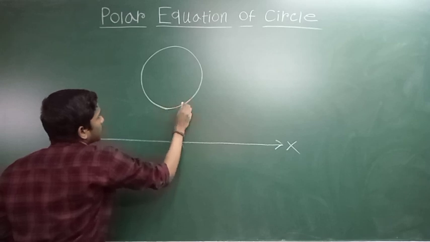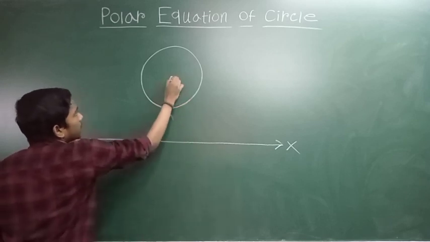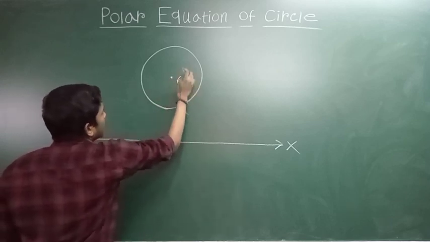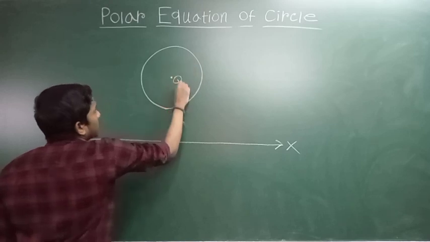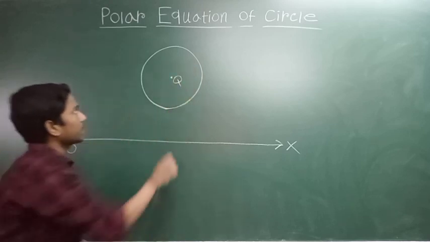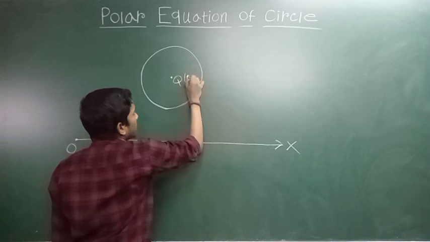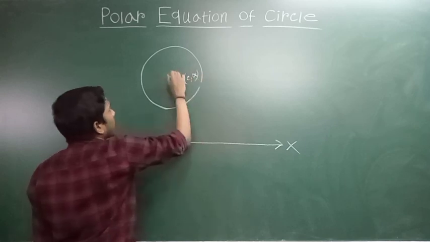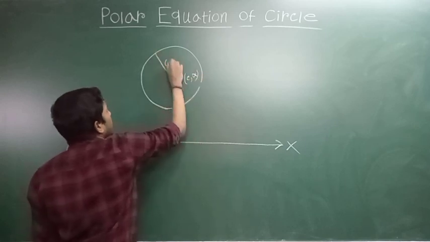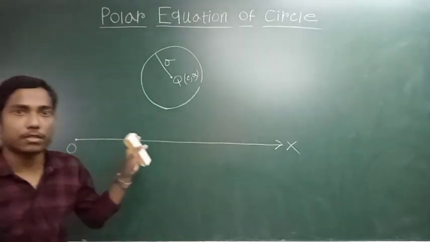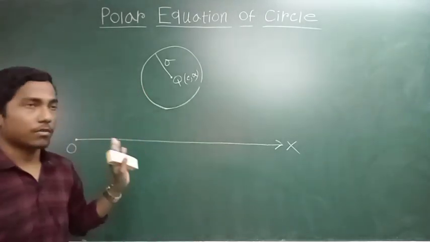This is the circle. Its center is at point Q, whose coordinate is (c, alpha), and its radius is given as a units. So we have to derive the equation of this circle using these polar coordinates.